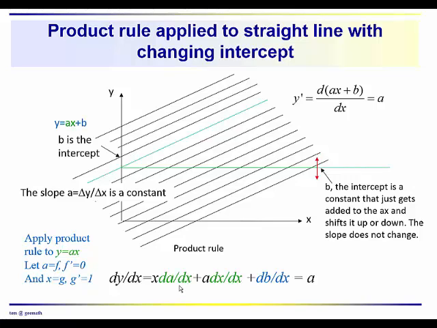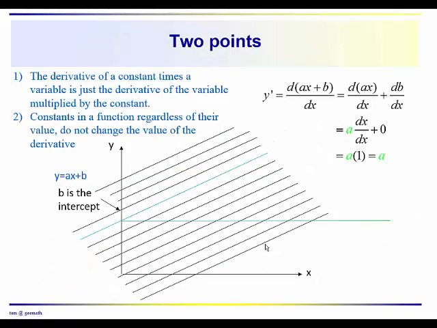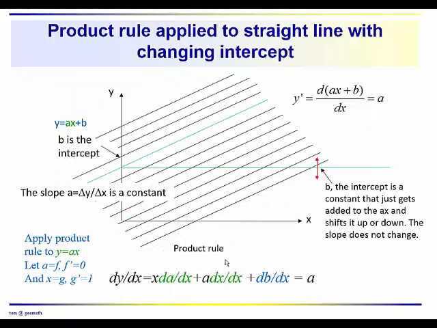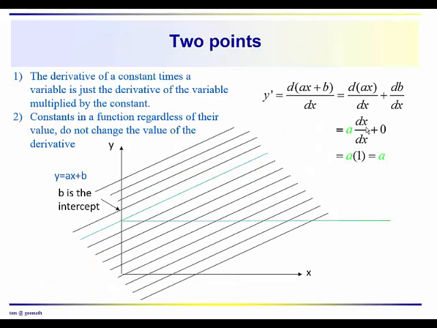We don't have to apply the product rule because this term is 0, this term is 0, and we are just left with a dx/dx. But dx/dx is just 1.